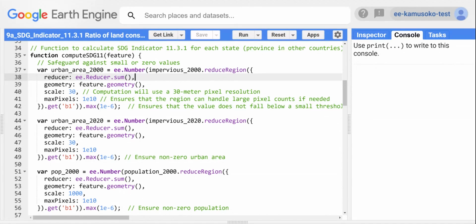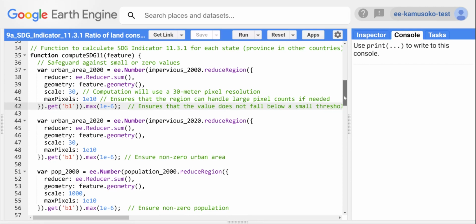And we also want to make sure that we have quite a low value here, so that the values don't fall below a small threshold. This is important, so that it can safeguard us against the issues where we have some areas with small or zero values.